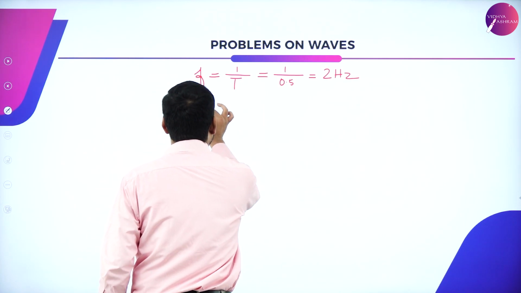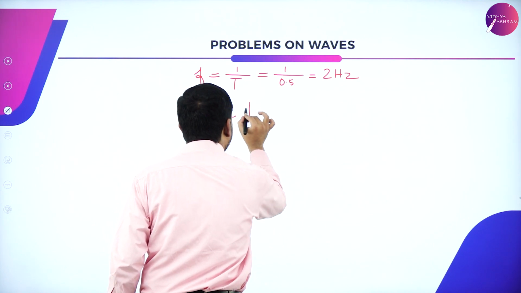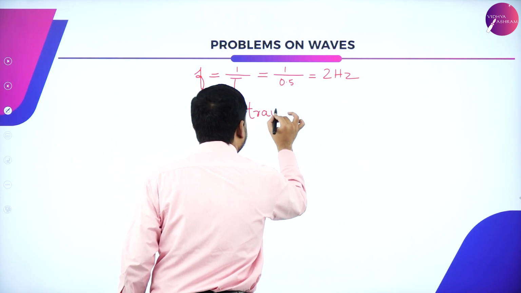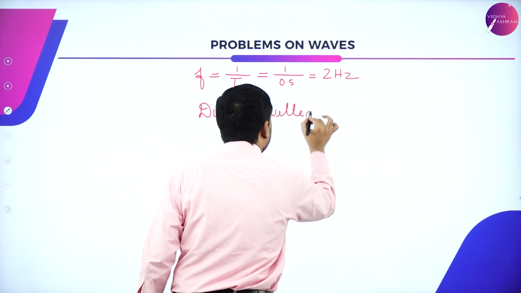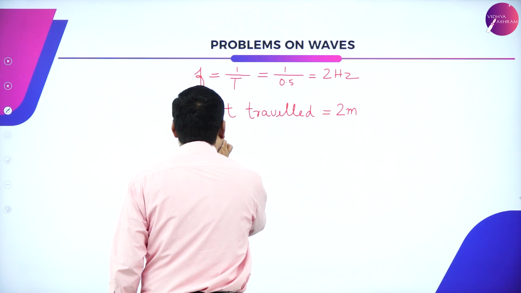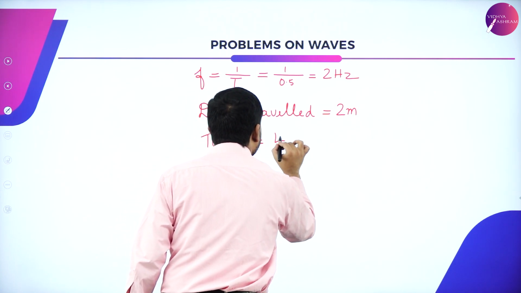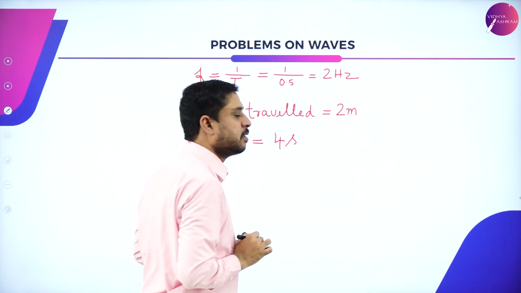So distance traveled is 2 meters. Time taken is 4 seconds.